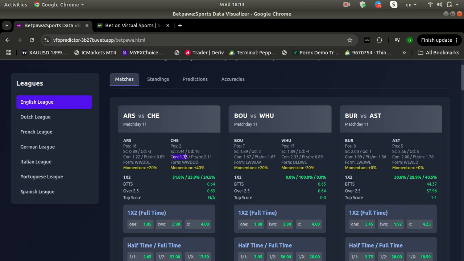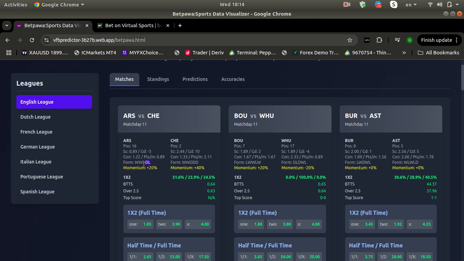You can also see here points per match. Arsenal gets 0.89 points per match, while Chelsea gets 2.11 points per match. Here we have the form.